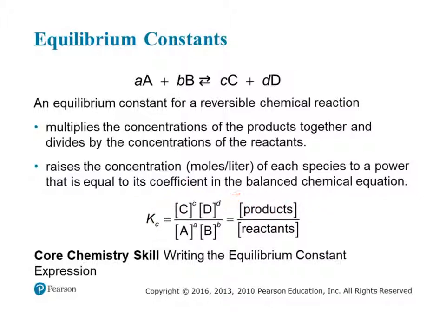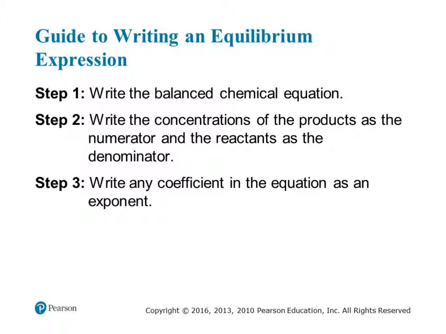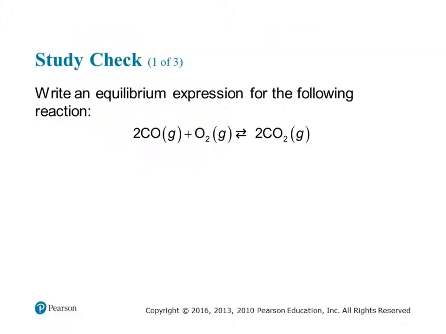Let's take a look at a couple more examples. All right, let's write the equilibrium constant for this expression right here. I'm going to take my products, concentration of carbon dioxide squared, because I have a 2 there, divide it by the concentration of my reactants.